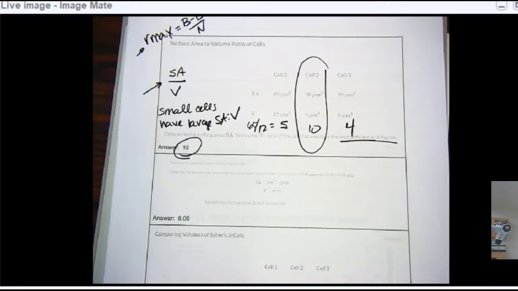The most efficient cells are small, and they're efficient because they have a lot of surface area compared to their volume. So you want a high surface area to volume ratio. You want a lot of surface area compared to your volume.